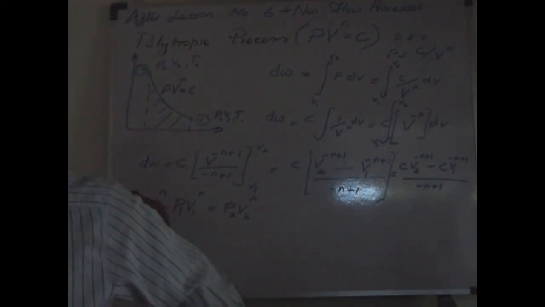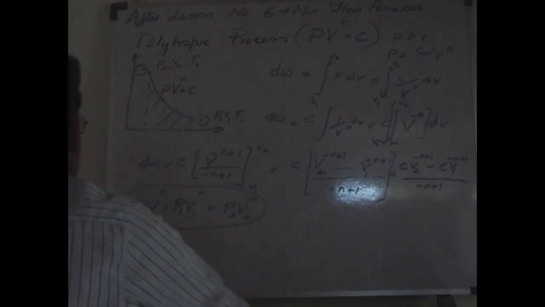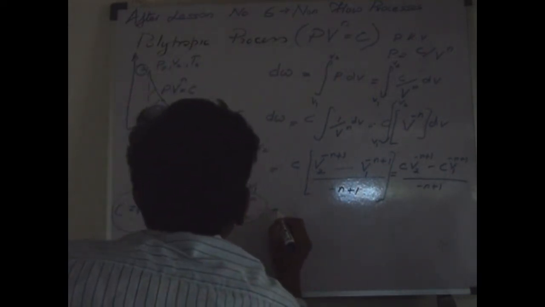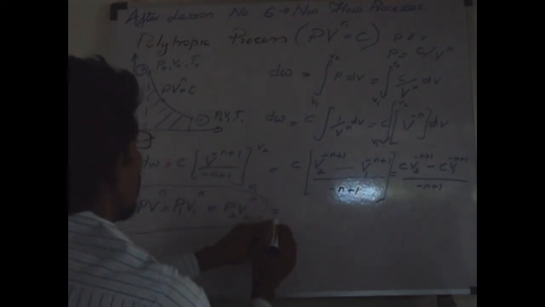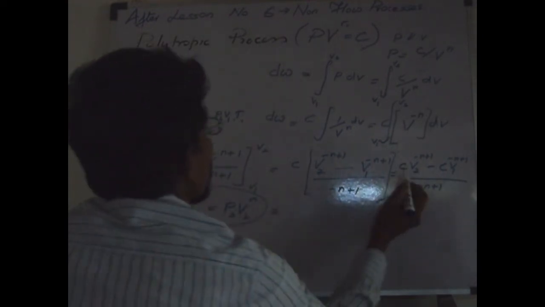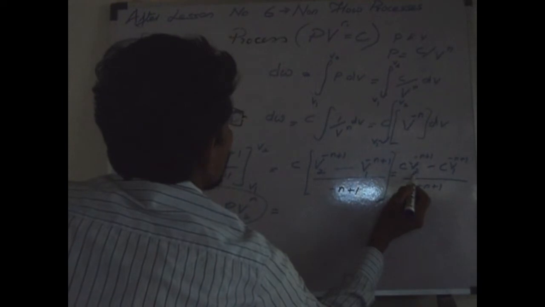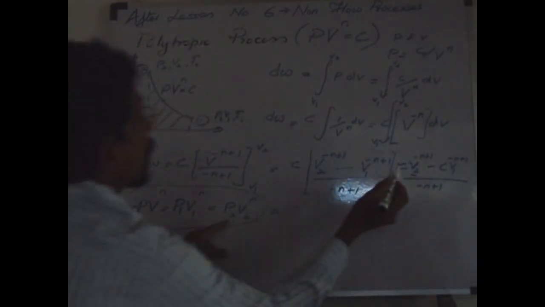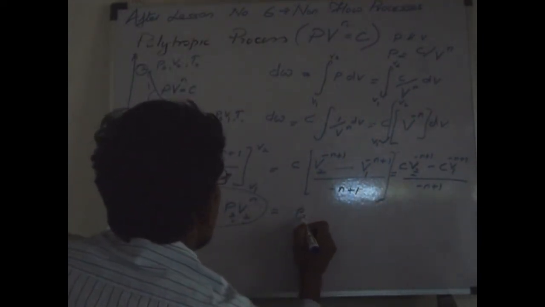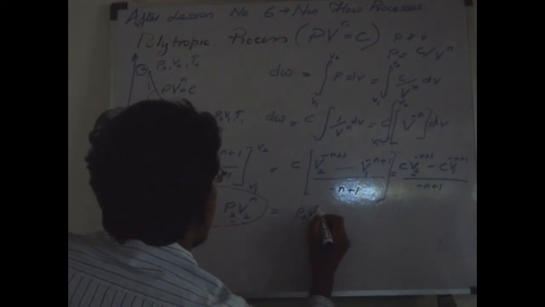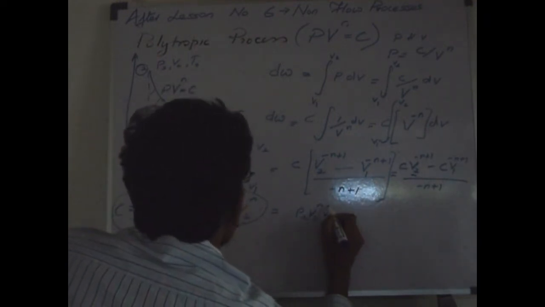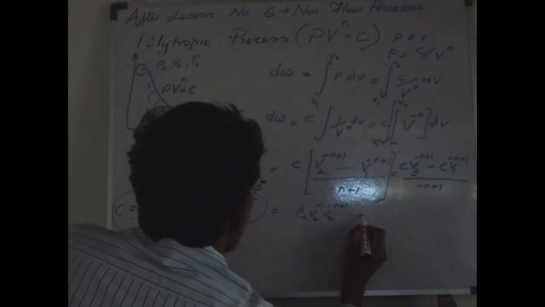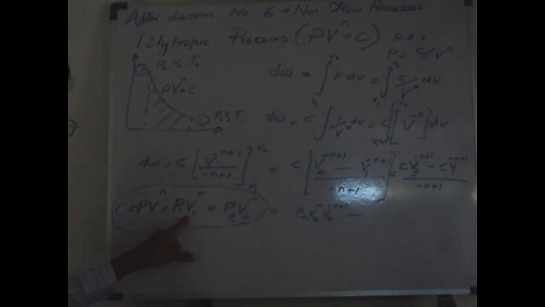Then again this is equal dW. Instead of C in the V2 term, because of V2, we take this portion as C, P2 V2 to the power n. So we have P2 V2 times V2 to the power minus n plus 1, minus, here C V1 is there, therefore you can take P1 V1 to the power n times V1 to the power minus n plus 1, divided by minus n plus 1.